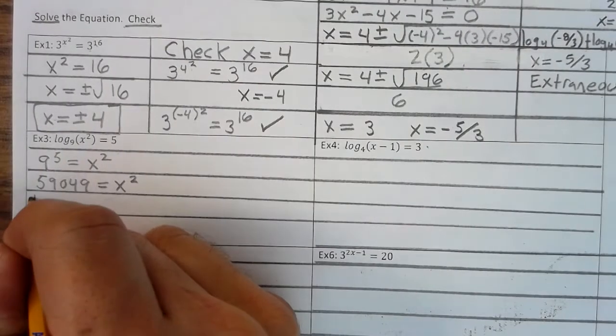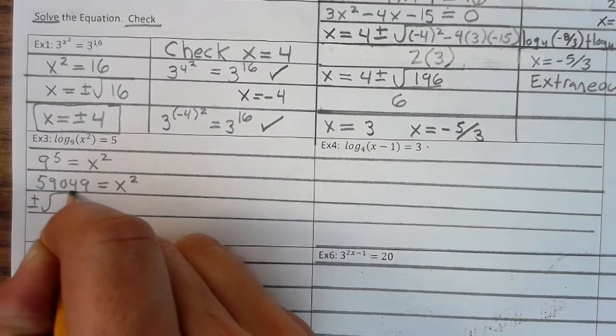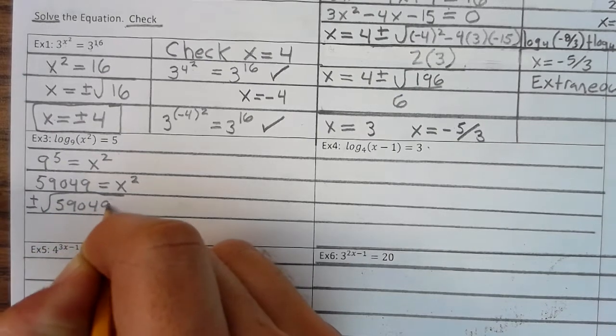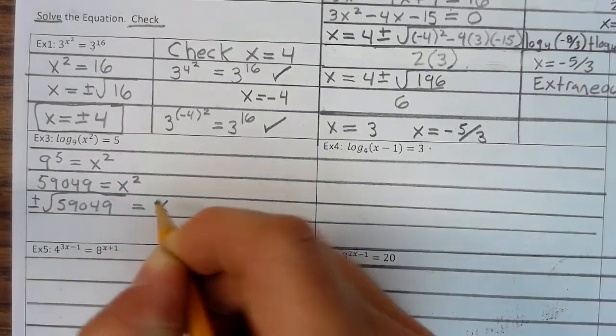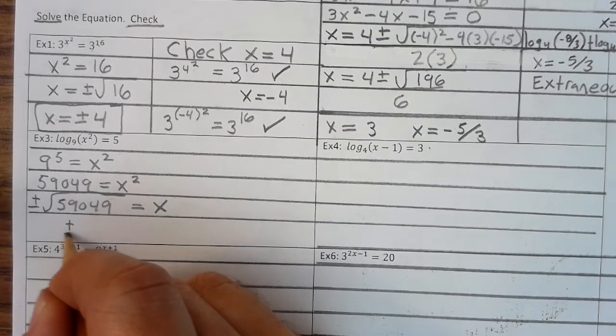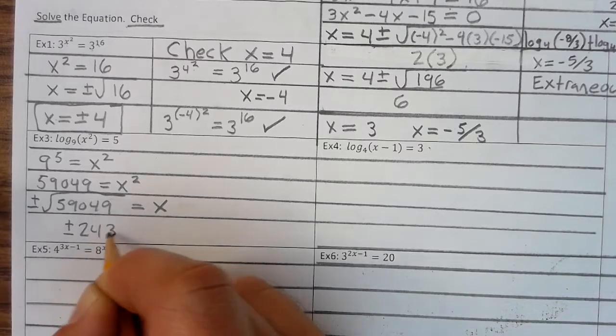We take the square root of both sides. So x equals plus or minus 243.